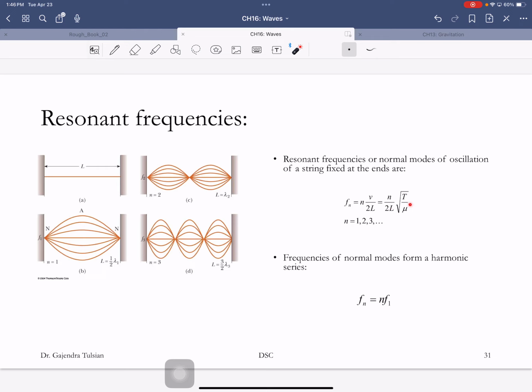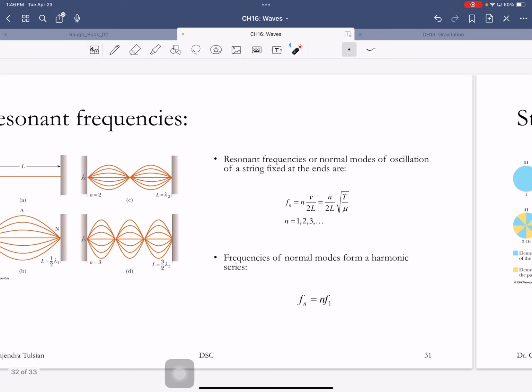And then also you can choose which string to play. There are 6 strings. You can choose to play one of 6 strings. The heavier the string you play, the lower the frequency. Okay, so that's how you produce music, by changing the effective length of the string, and the choice of the string you play.